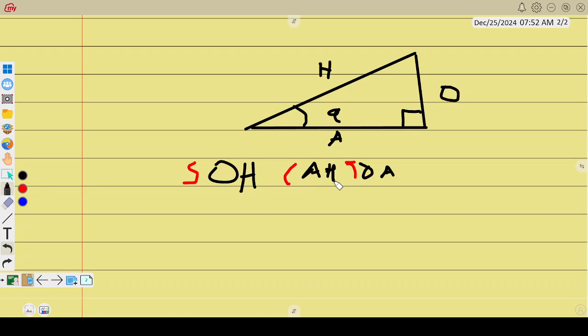So what is this SOHCAHTOA for? If you want to determine sine theta, it is opposite over hypotenuse. Like if the opposite here is 3, and the hypotenuse is 5, sine theta is equal to 3 over 5. Whatever number is on the opposite and what is on the hypotenuse.